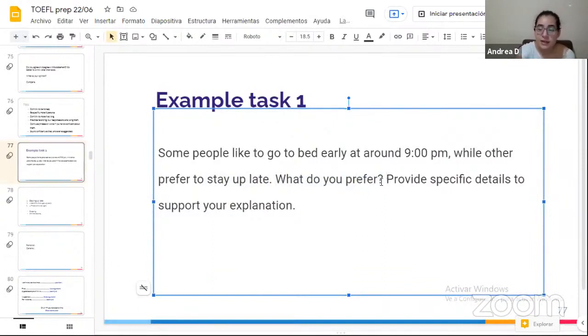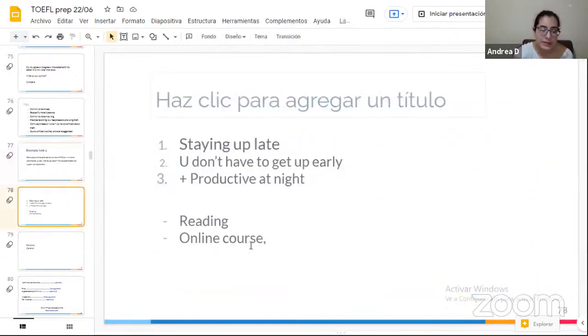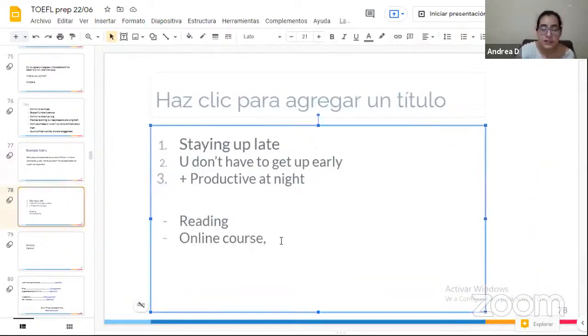They're not really asking, so what do you do? Do you stay up late or do you go to bed early? They're asking, what do you prefer? So in case you didn't have those classes or that online course, would you stay up late still? I don't know.